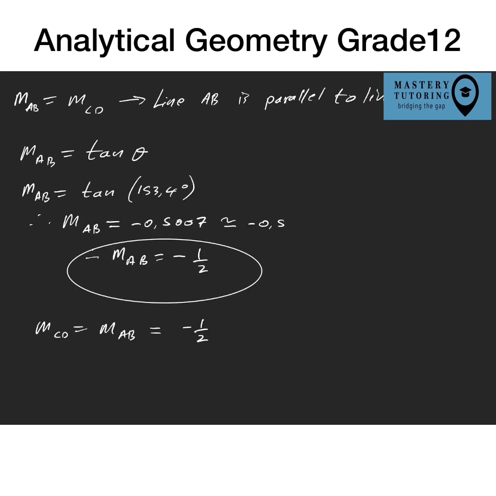So given this information, we can go ahead and determine the equation of line CD. So y minus y1 is equal to m CD times x minus x1. We're going to use the coordinates of C, so our x1 and y1 we're going to get from C. The coordinates of C are 2 and minus 3, because they're given to us here.